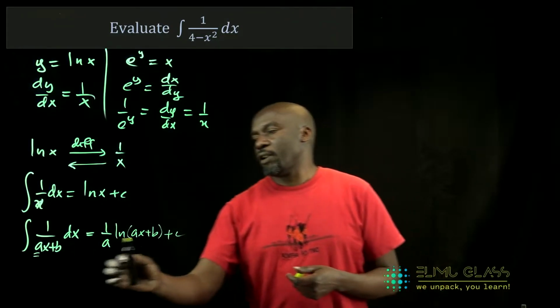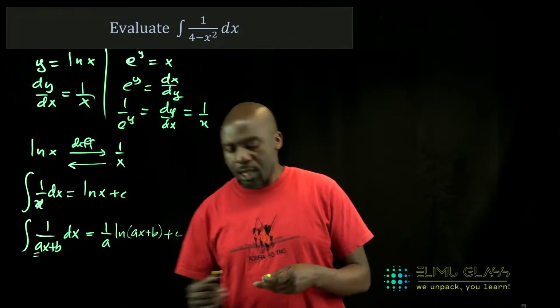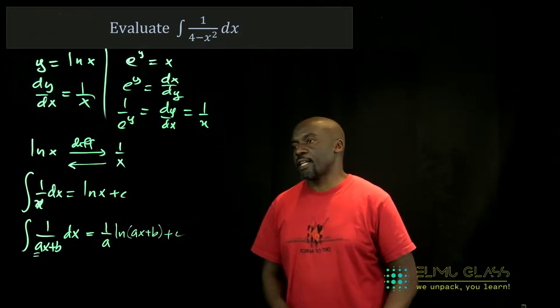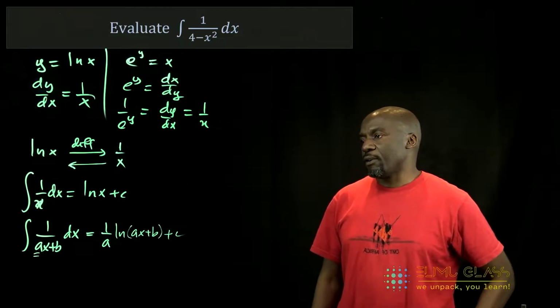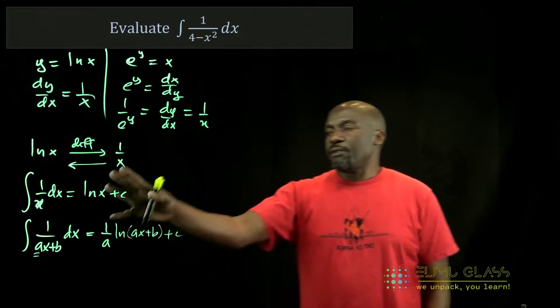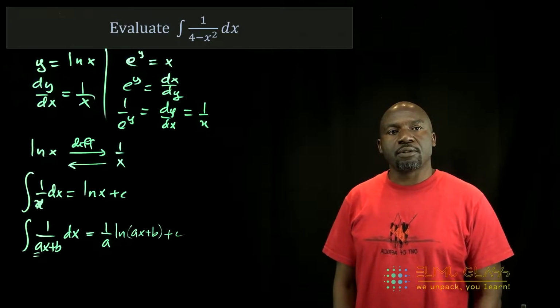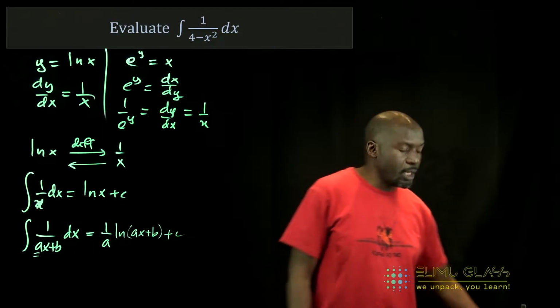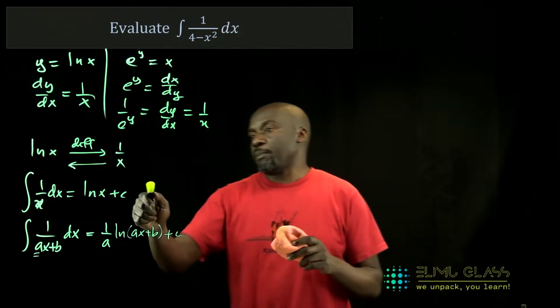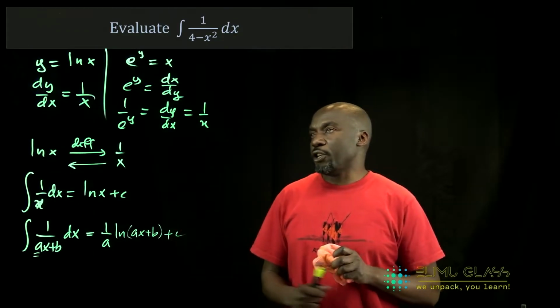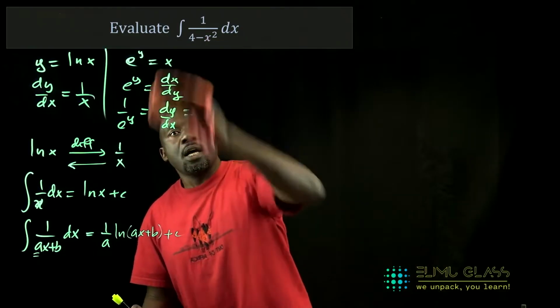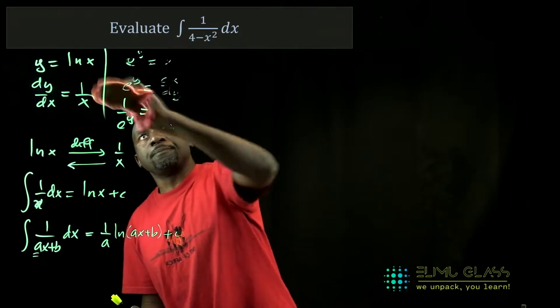So this is the only difference if the coefficient of x is other than 1, all right? So with this information, it should become easy for us to solve this integral. Let's see how we do that. So keep these two pieces of information in mind, and let's now see how to integrate this function.